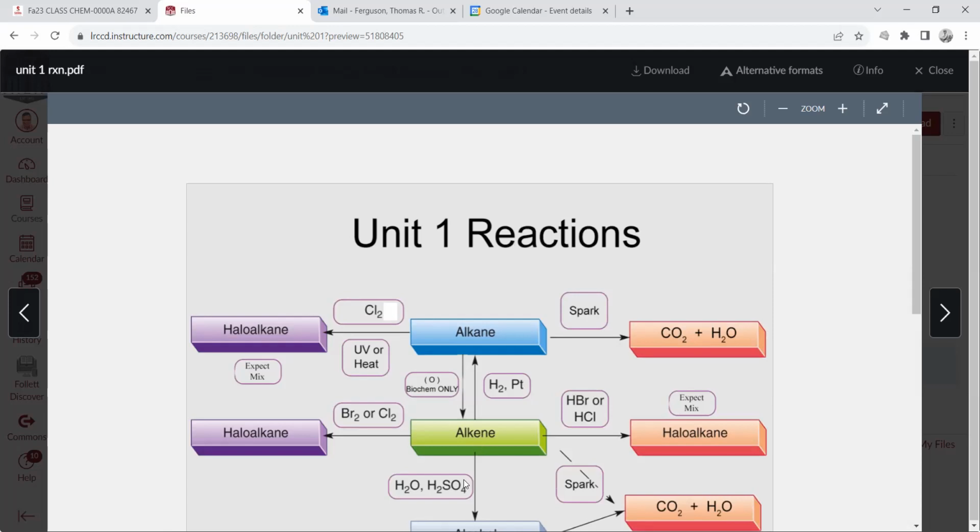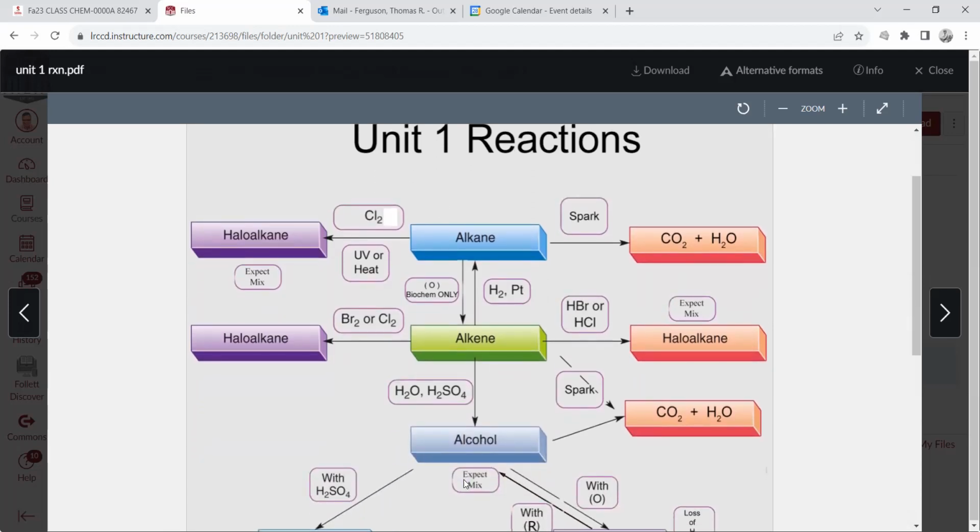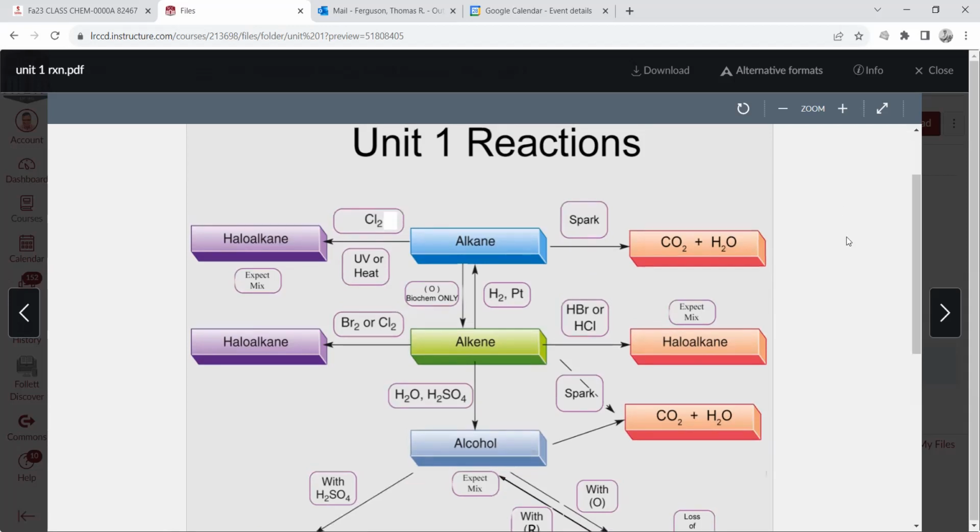Now notice with alkenes, we've just added this reaction, and we can go back and forth between an alkene and an alkane. So now we have 1, 2, 3, 4, 5, 6 reactions. We went from 2 reactions for chapter 12. Now we have 6 reactions. And if you count burning alkenes, 7 reactions.